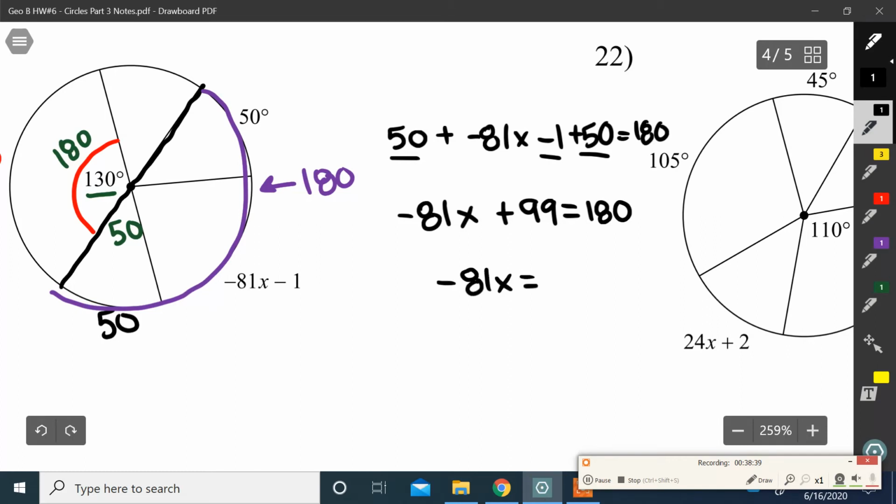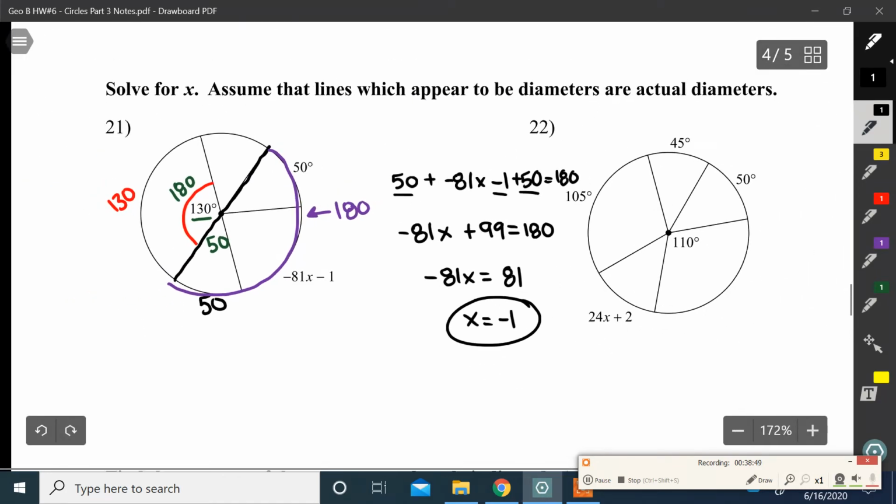And then you subtract 180 minus 99. You actually get 81 one more time. That means that x is equal to negative 1.